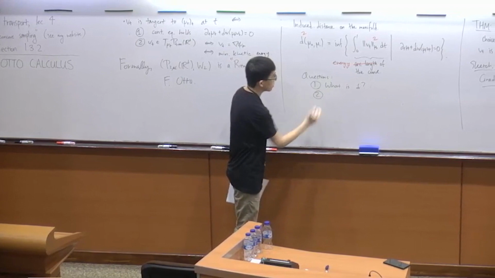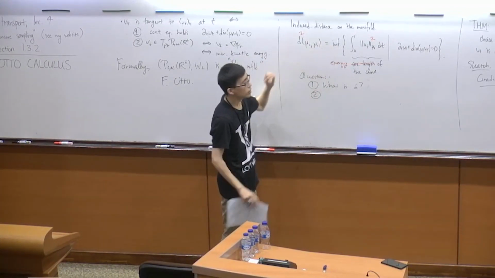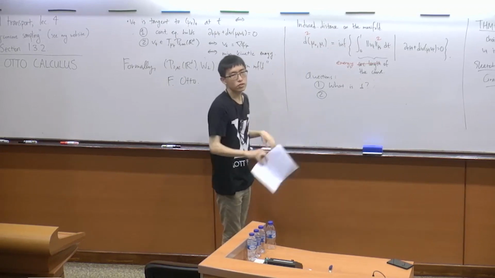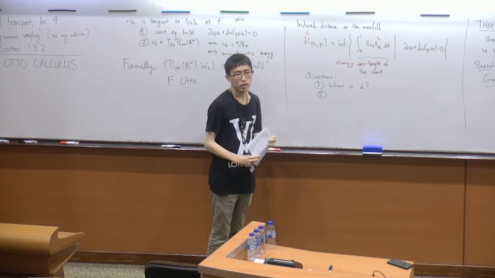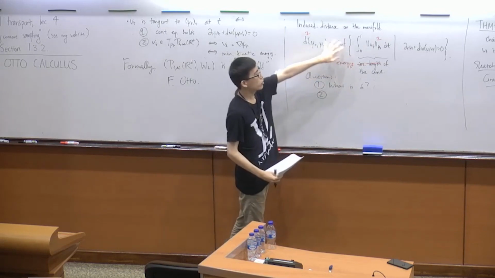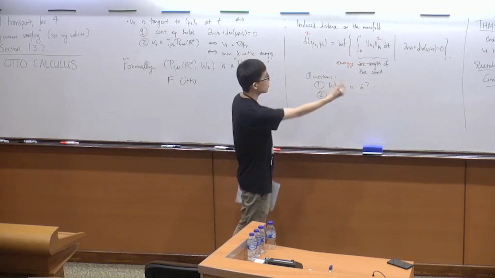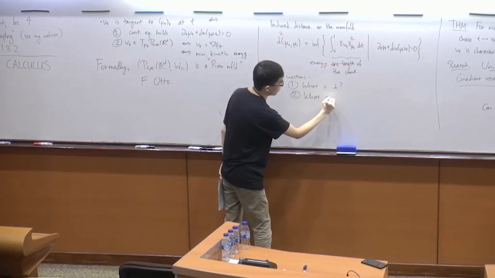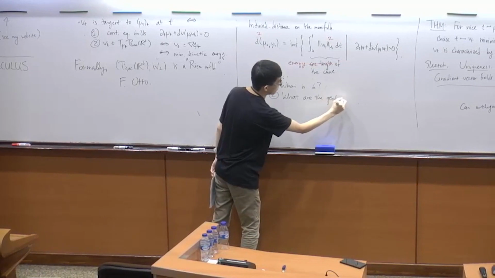The second question is: the solution to this variational problem is going to tell me what the shortest paths between mu0 and mu1 are. In Riemannian geometry, the shortest paths are geodesics, right? Not only are they geodesics, because I put the squares here, they're going to be constant speed geodesics. So by solving this variational problem, we'll be able to answer the question: what are the geodesics in Wasserstein space?